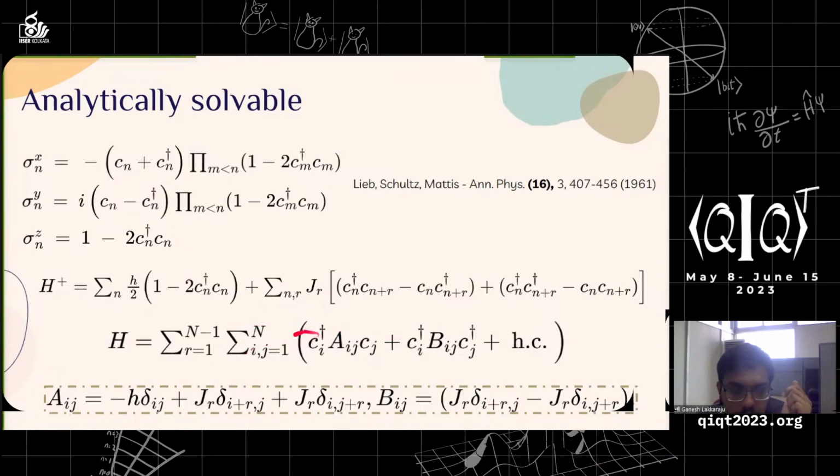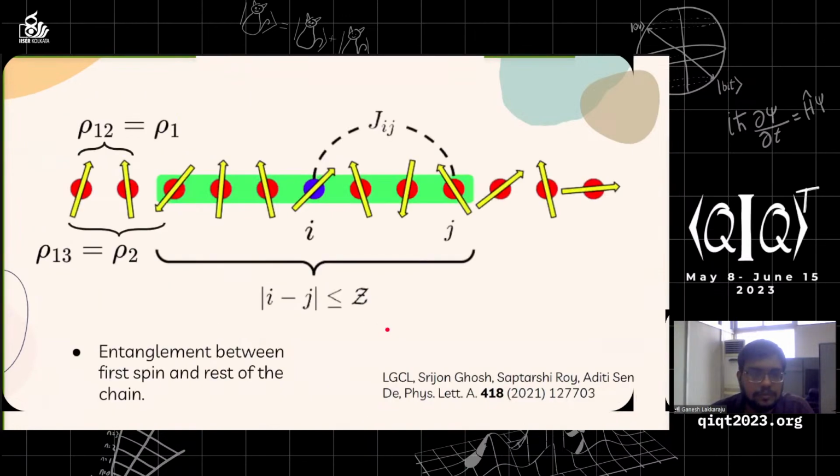Rather, we have to deal with N cross N matrices, that is number of spins cross number of spins, that are in general written like this. This is called the Nambu formalism, and the corresponding A_ij and B_ij look like this. We try to manipulate these A_ij and B_ij, find the corresponding ground state and perform our calculation.